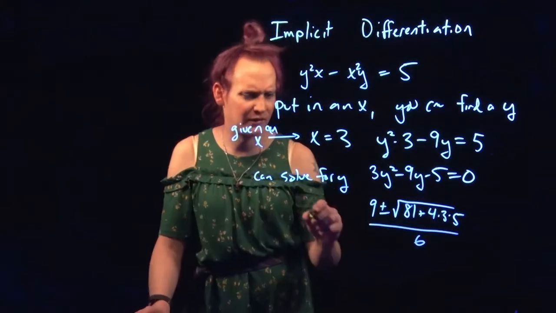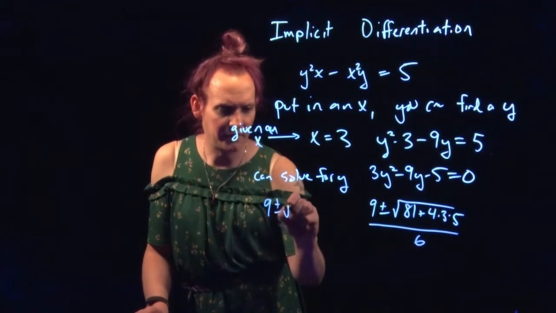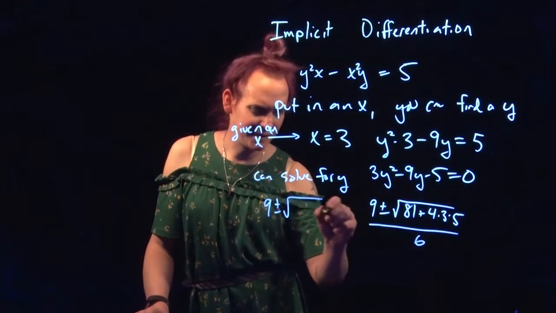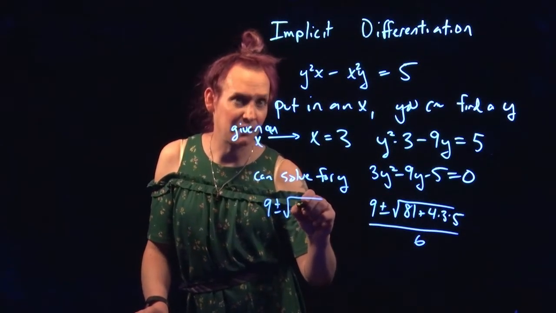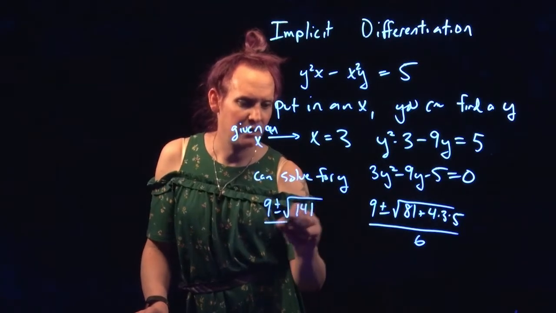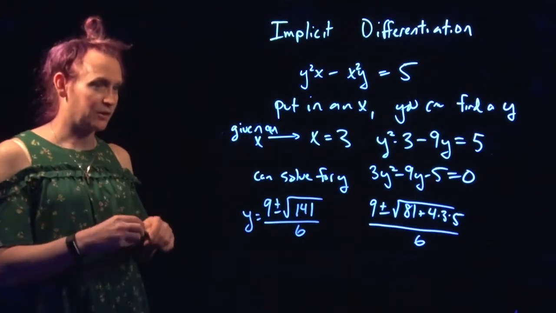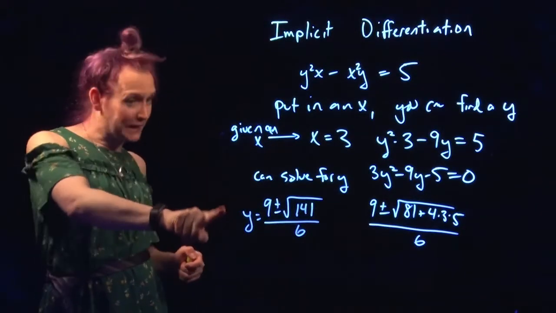That's 60. That's 9 plus or minus the square root of 81 and 60, which is 141, all over 6.